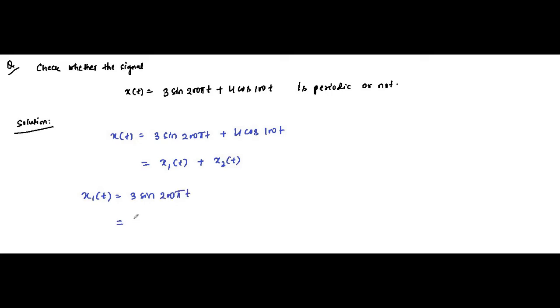If we express it in this format, a sin omega 1 t, here omega 1 is equal to 200 pi, that implies 2 pi f1 is equal to 200 pi, that implies f1 is equal to 200 by 2 pi, which is equal to 100. f1 is equal to 100 and T1 is equal to 1 by 100 second. This is the time period of the first signal.